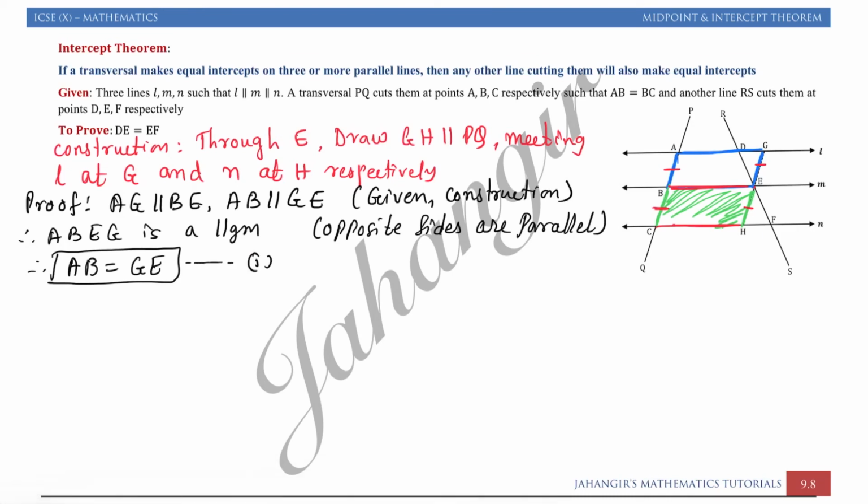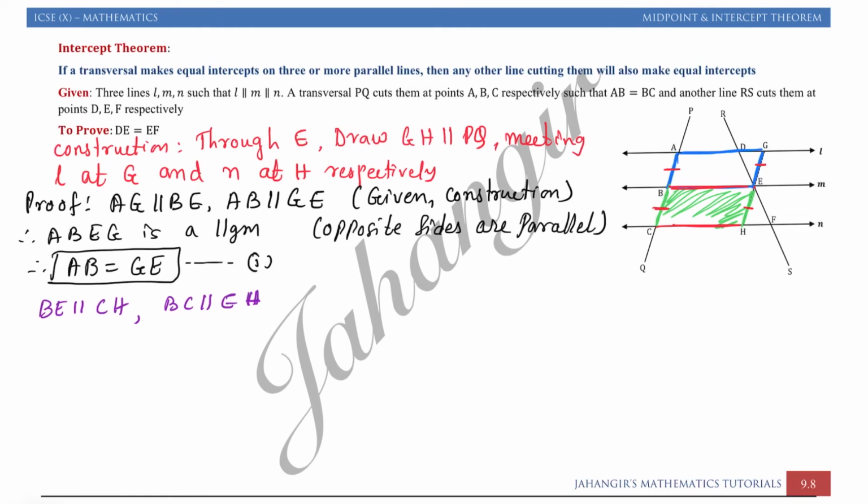Now the second part we will do the same way. BE is parallel to CH, that is given, and BC is parallel to EH.